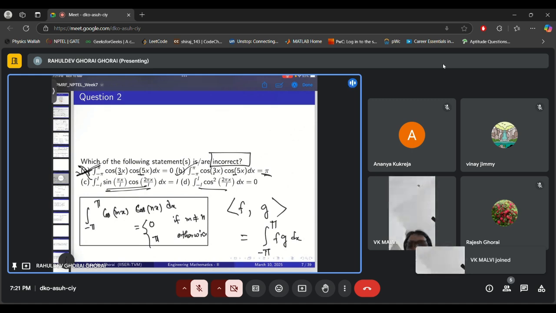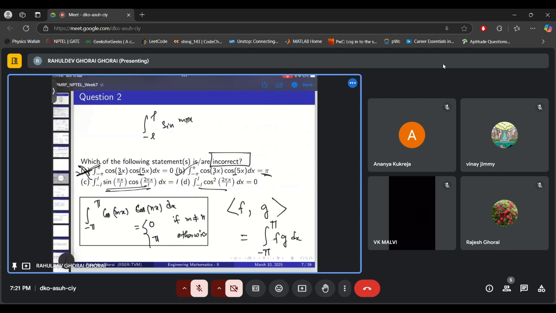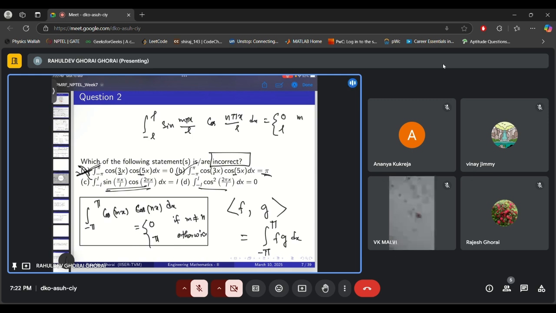You can show that the integral from minus L to L of cos m pi x over L times cos n pi x over L dx is also 0 or L depending on the m values, m not equal to n or otherwise.